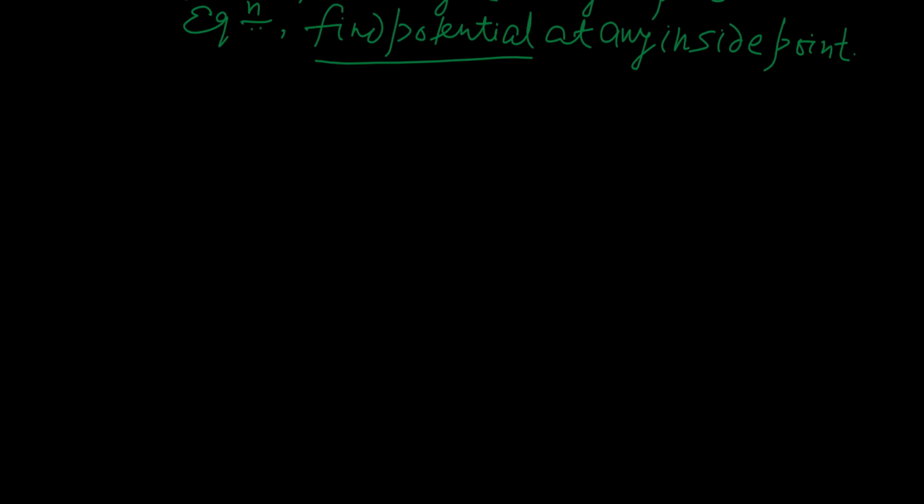And as you know, in case of azimuthal symmetry, what is the solution of Laplace equation? In this case, the potential is independent of the third coordinate phi due to azimuthal symmetry.